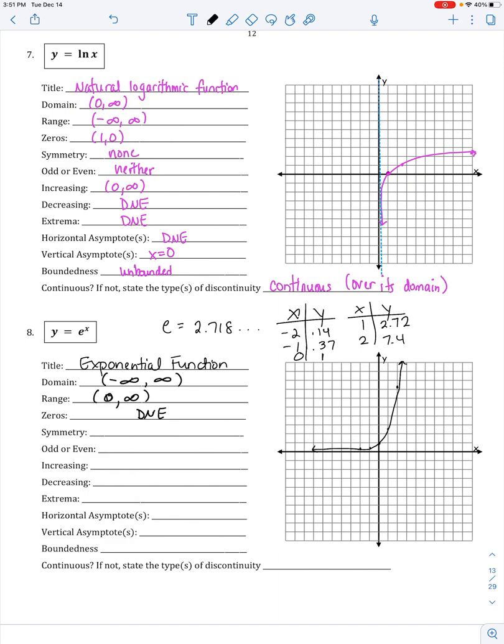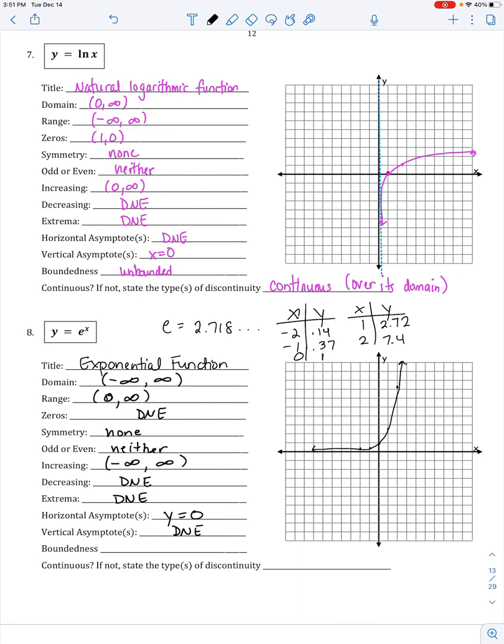It does not have symmetry, and that means it's neither odd nor even. It is always increasing over its whole domain, which means it's never decreasing. It doesn't have any extrema because it doesn't have any minimums or maximums. It does have a horizontal asymptote of the x-axis, which is y equals 0. It doesn't have a vertical asymptote.